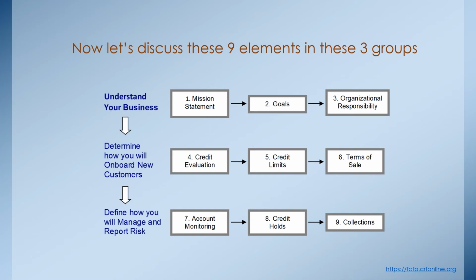So here's where you define goals for DSO, currency percents, delinquency percents in your AR, time to approve orders, etc. And then last but not least, in understanding your business is who within your credit department will be responsible for what actions. Who's going to collect the data you need to make decisions, either through credit applications or third-party data, and then who will make decisions, escalate decisions, review decisions, handle objections, etc.